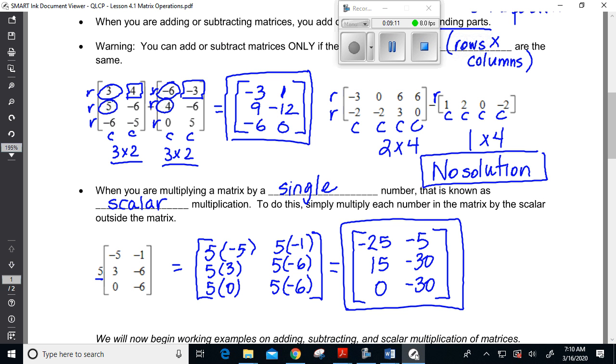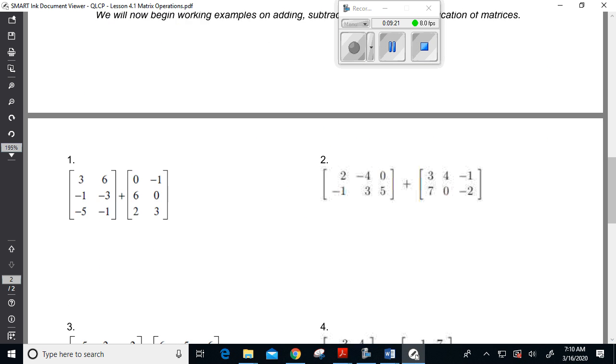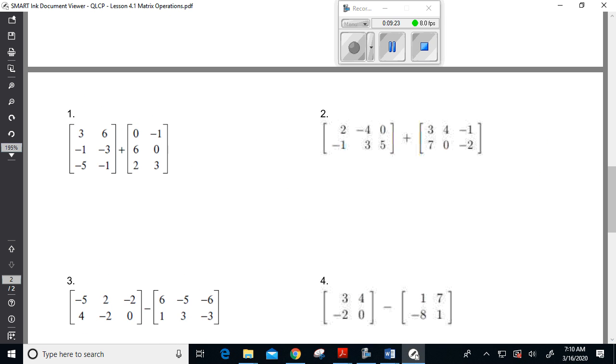When there are multiple operations, just know that order of operations still applies. So let's start with example 1. Notice that it's an adding problem because there's a plus sign in between the matrices.